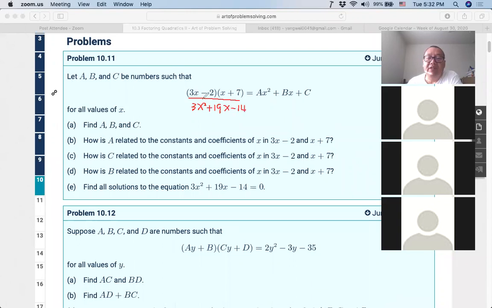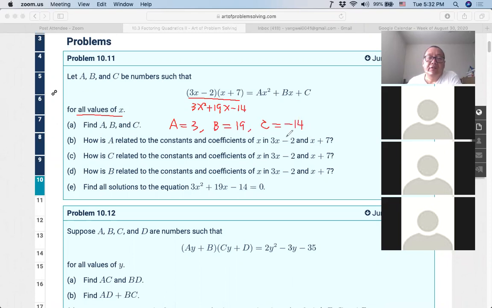If we expand the product of these two binomials, we get this. Then you compare the left side with the right side, because this equation is satisfied for all values of x. So A has to equal 3, B has to equal 19, and C has to equal negative 14.